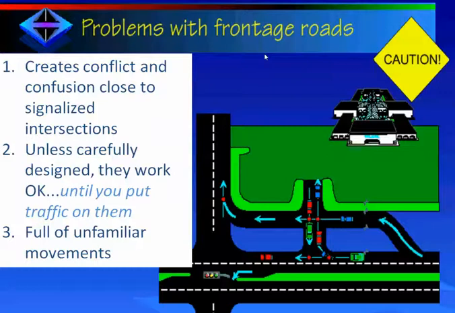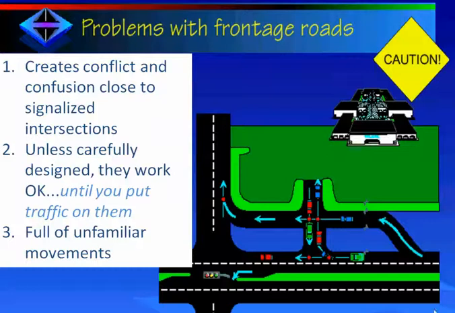Hello, everyone, good afternoon, and welcome to our Access Management webinar. Like Gary said, I don't have as much experience as Gary does, but many, many years ago maybe these frontage roads were useful. But as the traffic grows and congestion occurs, these frontage roads do not operate as they used to.